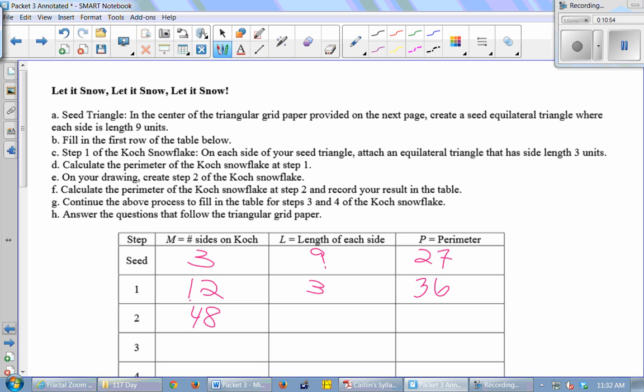What's the length of each side? 1. Each is one little triangle. So I have length 1, which means my perimeter is 48 times 1, or 48.